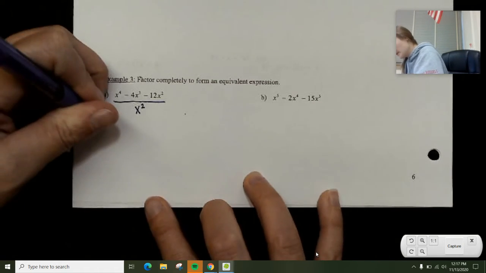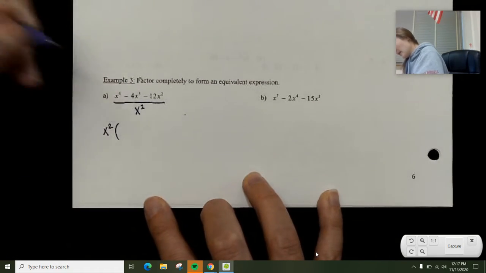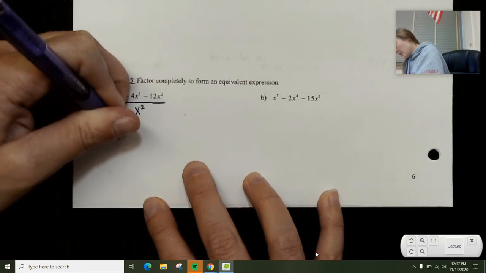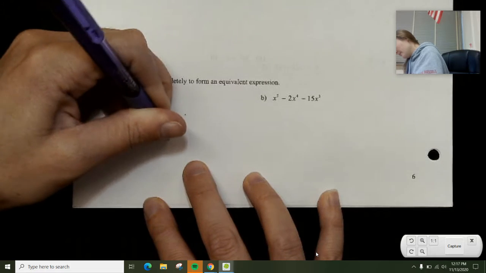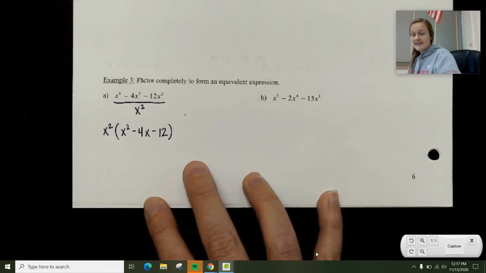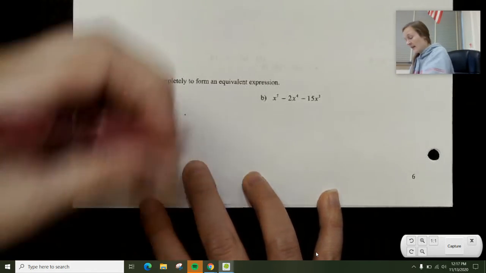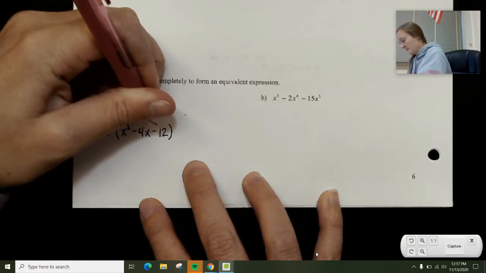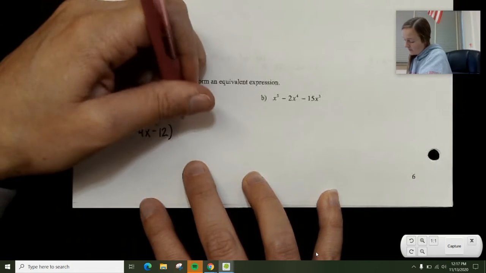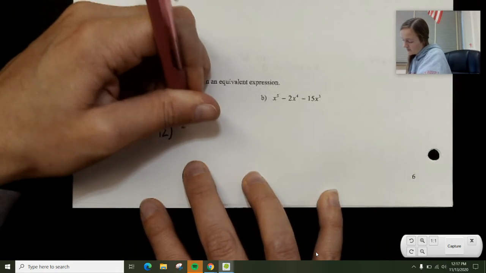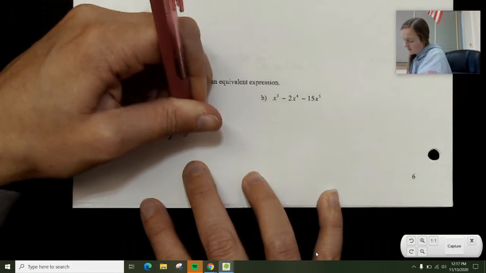When I take out x squared, I'm left with x squared minus 4x minus 12. And now I'm at the point where I want to factor that middle expression. So I've got negative 12, 1 times 12, 2 times 6, and 3 times 4.